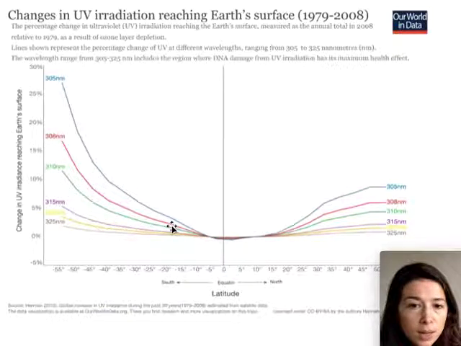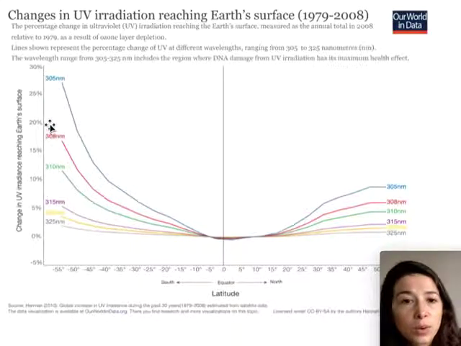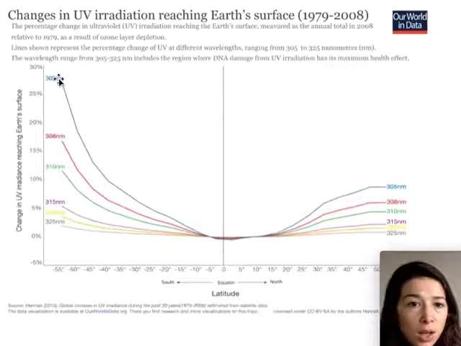So it's breaking down the different UV radiations and how much more we're getting now that this ozone is gone. We actually see in some regions, let's say right here where the hole in the ozone is, we're getting almost a third more UV radiation coming through.